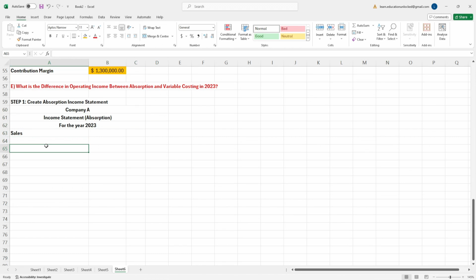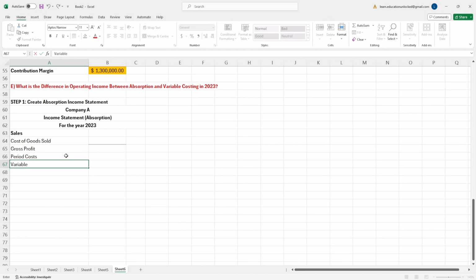We have sales, we have your cost of goods sold, and that gives us our gross profit once we calculate that. I'll put a line. Gross profit, and then we have our period costs: the variable selling and admin, fixed selling and admin, and then our total period cost. And then finally, we have our operating income.